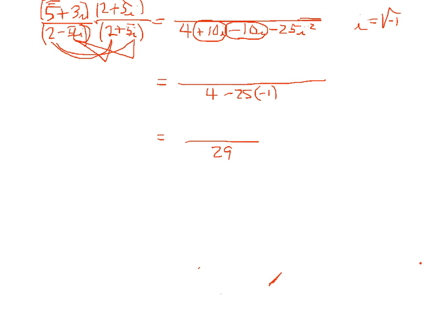Okay, do you see, because i squared is a real number, when you square the square root of minus 1, you get minus 1, which is on the real number line. It has no imaginary part, and therefore it's legal.